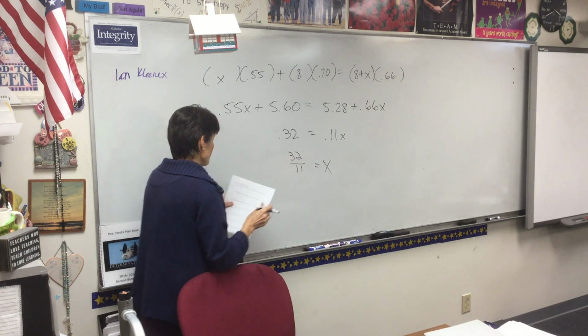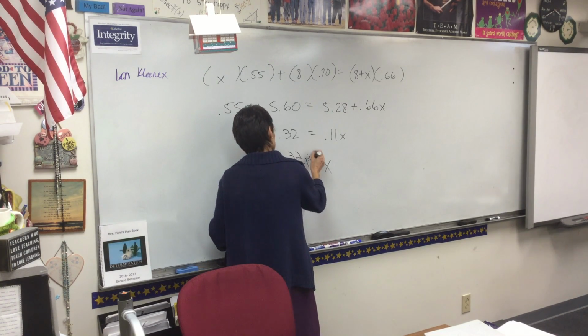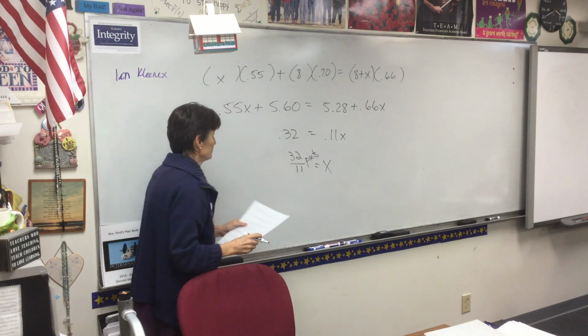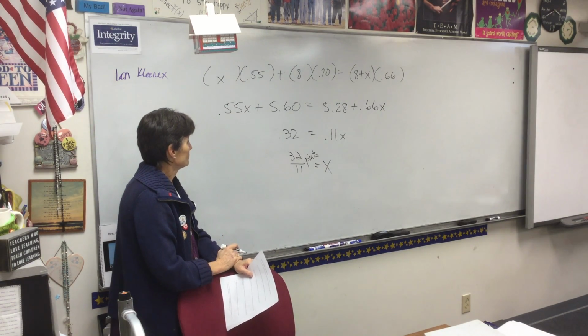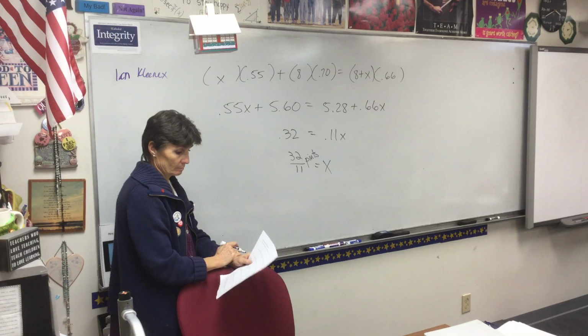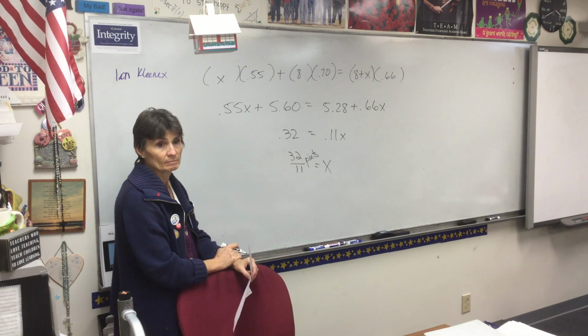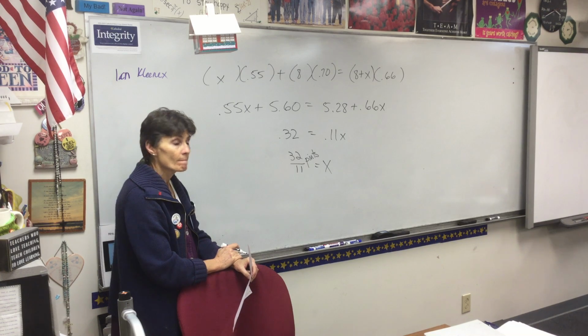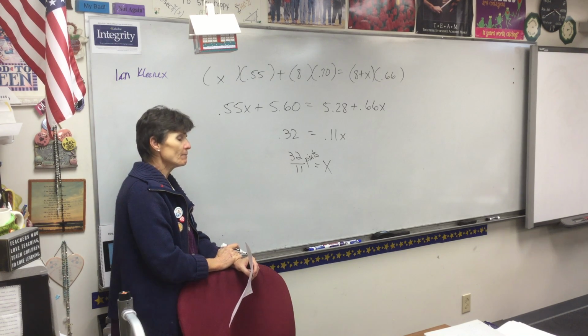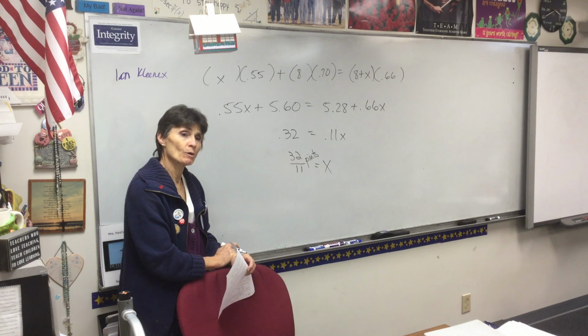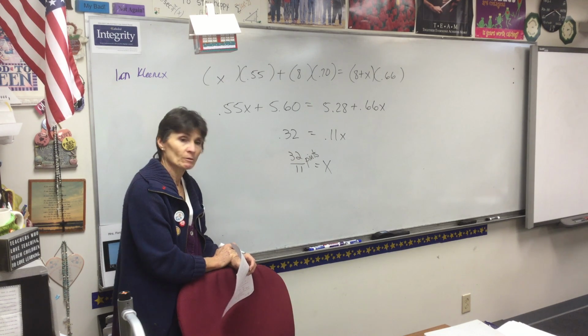So I got 32/11 pints. I don't know about you, I'm getting kind of sick of those problems, James. Do you always expect us to leave it as a fraction? If it's a decimal that you don't have to round off, I don't care.